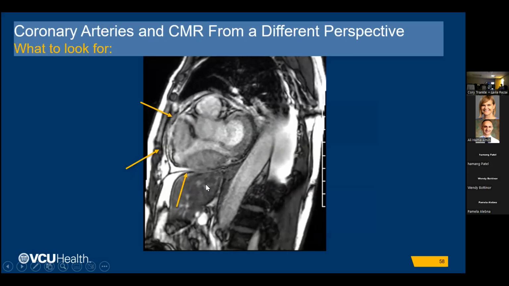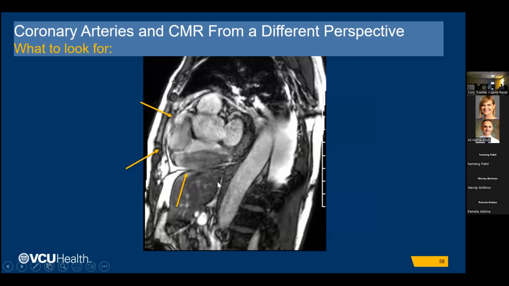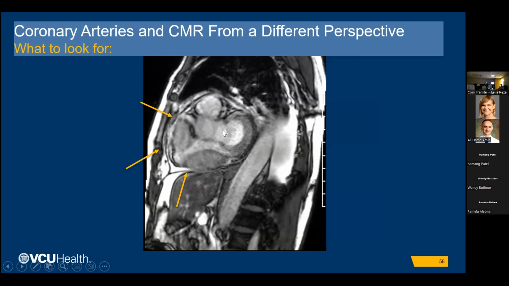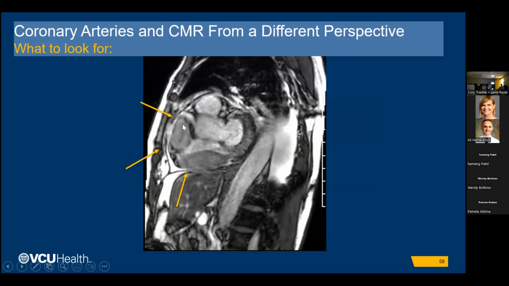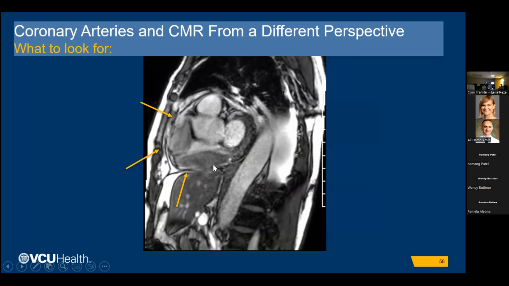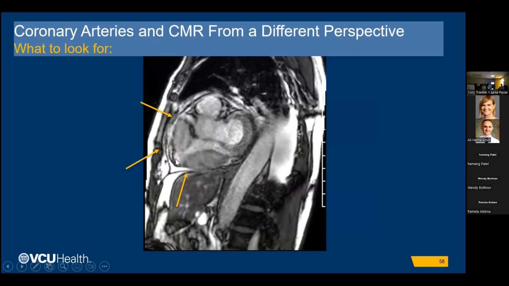Patient was referred for an MRI. On the initial STIR sequence, we described a kind of lobulated oblong mass-like lesion. It is in the course of the coronary artery.